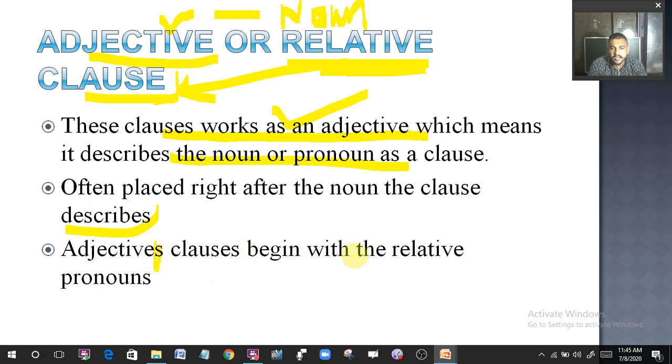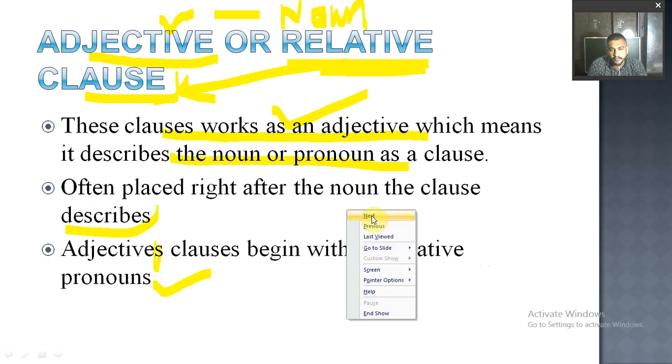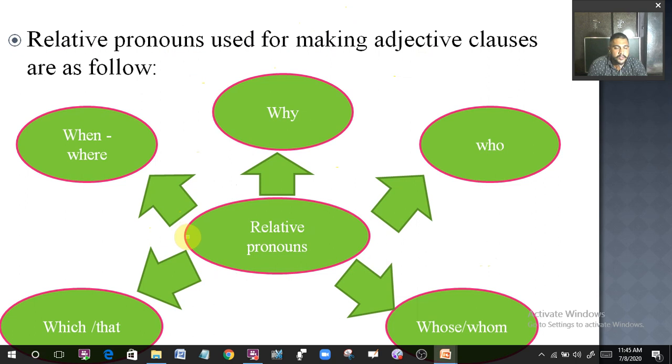Adjective clauses begin with the relative pronoun, as I have already told you. Let's move further. Here you can see the slide of the relative pronouns. All those WH words can be relative pronouns, like why, who.